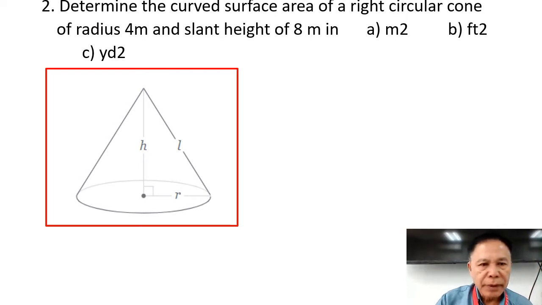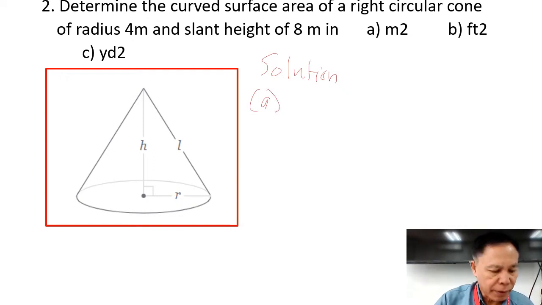For number 2, the problem is finding the surface area of a right circular cone of radius 4 meters and slant height 8 meters. For letter A, express in meters squared.